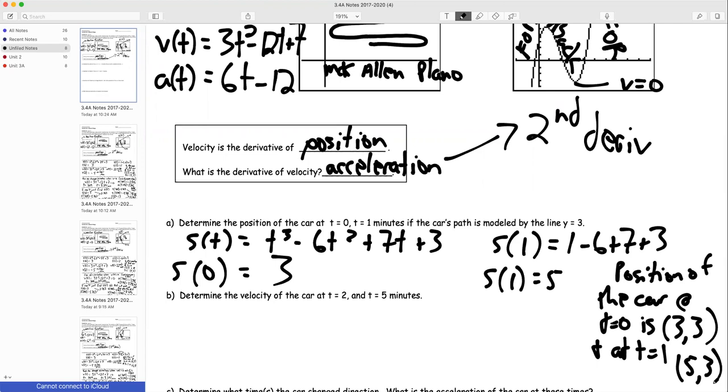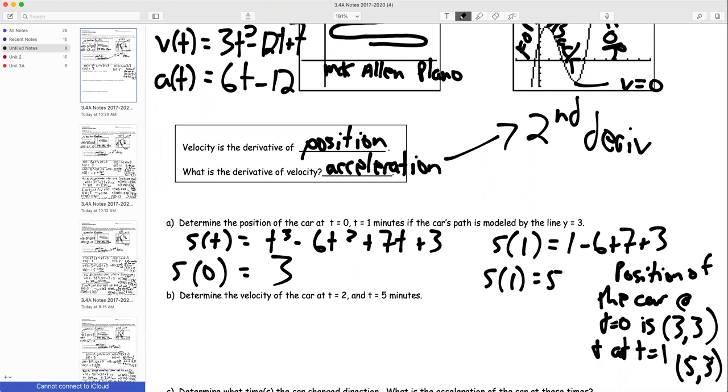The y value is always going to be 3 because that was given to me. It's moving on a horizontal line there. Okay, so that's why I have 3 for y. All good so far. I just plugged in 0 and plugged in 1 to my position.